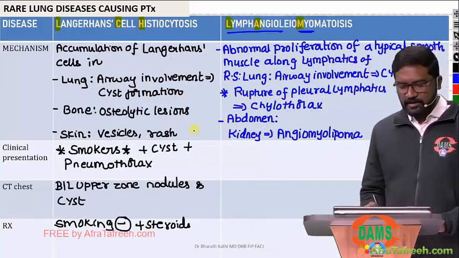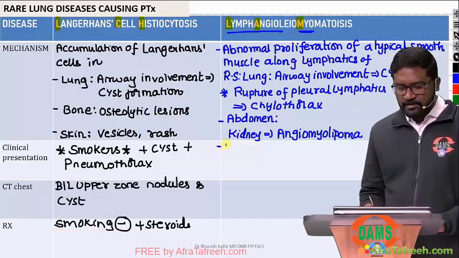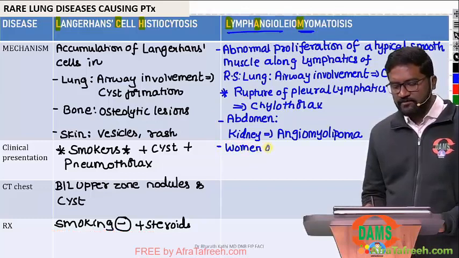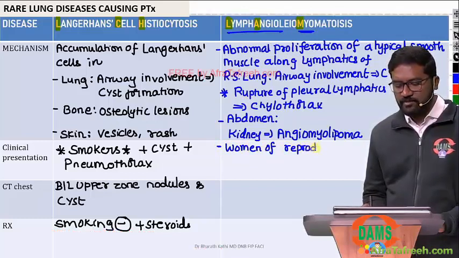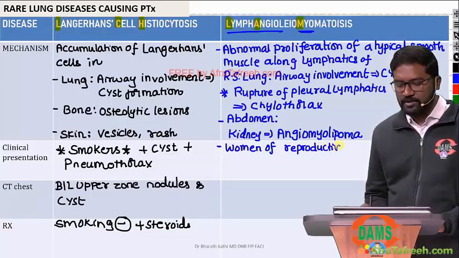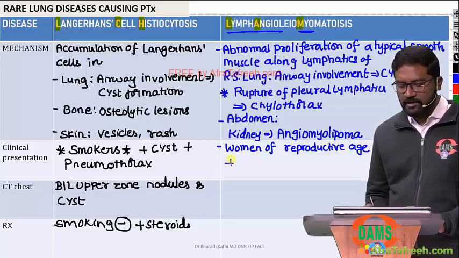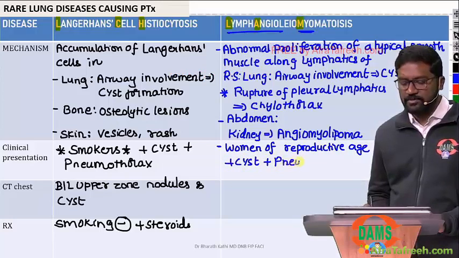Now the clinical presentation: here it is a disease seen in females. So women of reproductive age. If you have a cyst in the lung and presenting with recurrent pneumothorax, this will be the history.